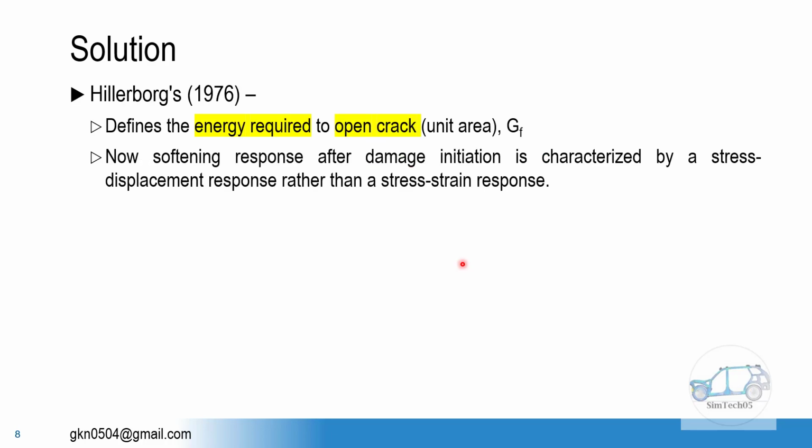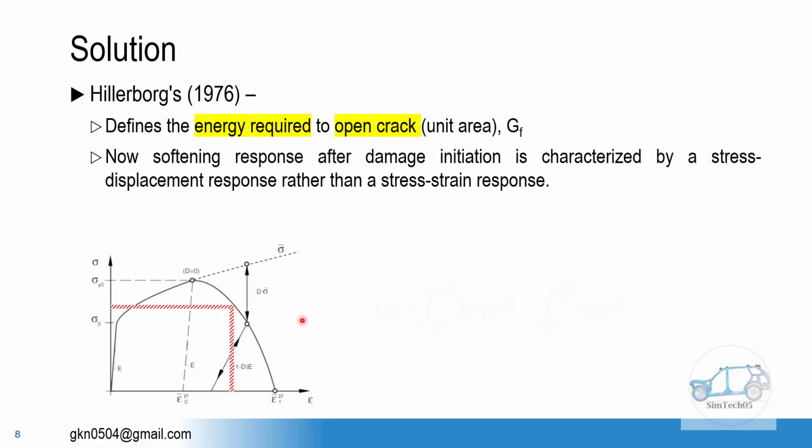In 1976, one scientist, Hillerborg, defined the energy required to open any crack, which is defined as GF, and we can see it by using this formula. This is nothing but the volumetric energy under the stress strain curve. Here you can see the stress term and strain term, and if we consider the volume, then area into length will be considered, but that energy is defined per unit area.